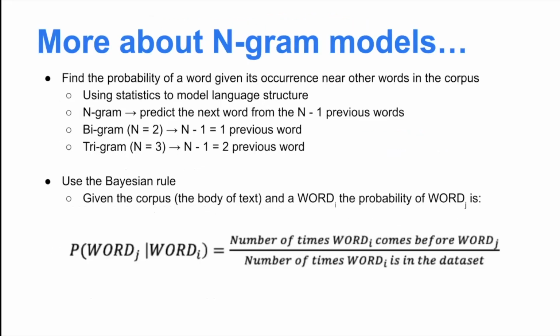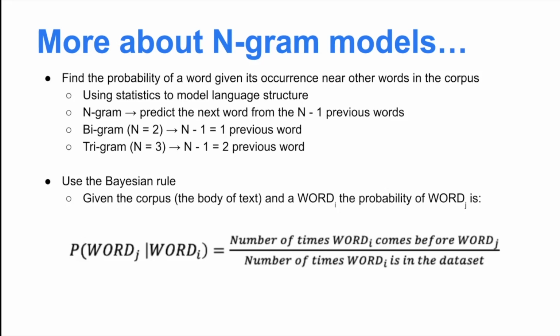To talk a little more about n-gram models, again, we're just finding the probability of a word given its occurrence near other words in the corpus. So this is using statistics to model language structure. What n-gram really means is that we're predicting the next word from the n-1 previous words. A bigram, for instance, would be n equals 2, so we're using the one previous word to predict the next word.